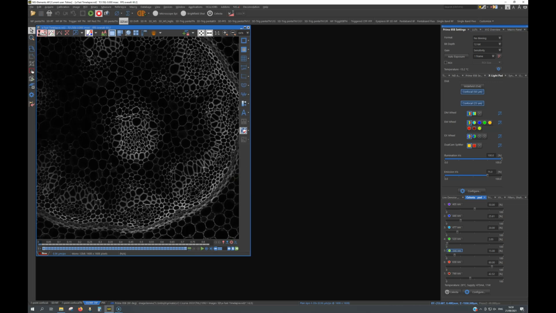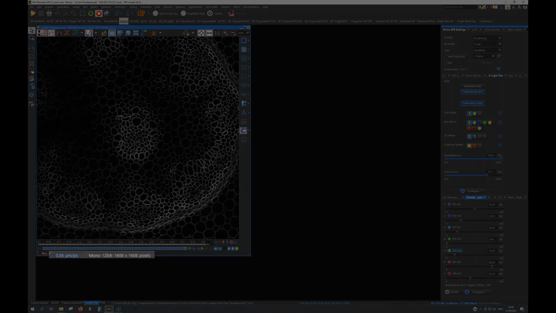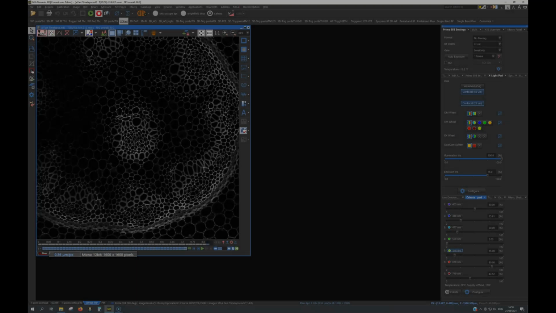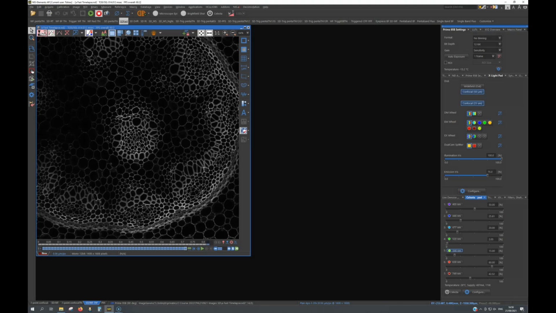The acquisition time for 50 images was 814 milliseconds, resulting in a frame time of 16.3 milliseconds. Please note that the pixel size using the 20x objective is 0.56 micrometers, and for one and the same objective we can only change this by binning.